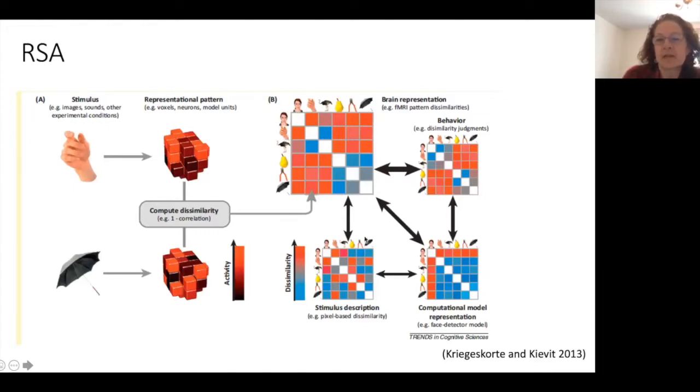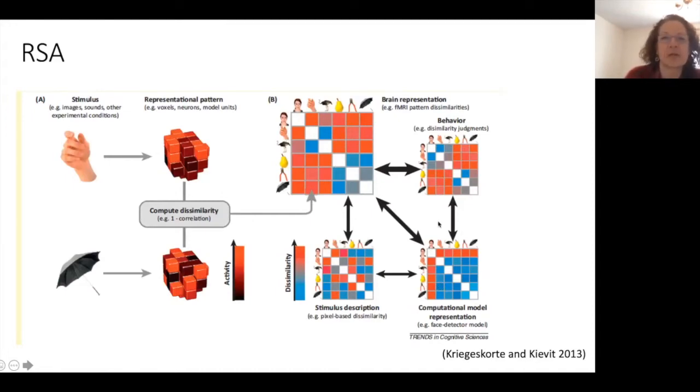And then what you can do is compare this matrix to matrices that are, let's say, derived from people's judgments of similarity in behavior, or different computational model representations for the same stimuli, or other kinds of measures of similarity or dissimilarity. So this is the model that you're comparing the brain activation to.